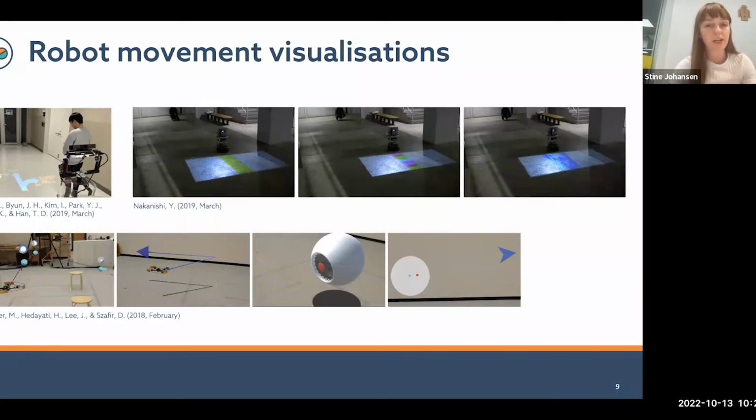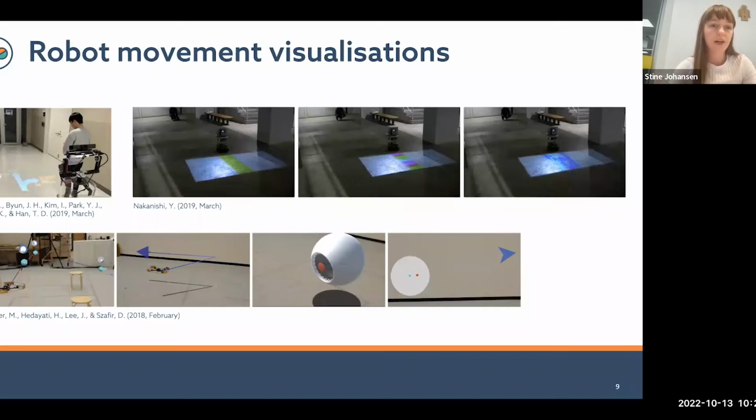Researchers have already utilized technologies such as projections, as you can see in the top photos here, projecting the trajectory of a robot, or augmented reality, as you can see in the bottom picture here, where these researchers looked into different ways that we could visualize a robotic trajectory, a robotic path, using augmented reality.